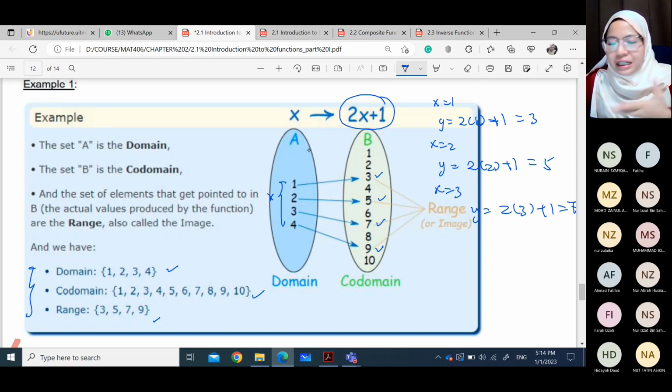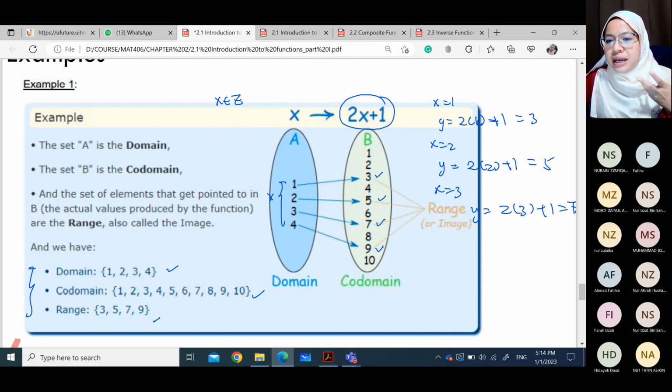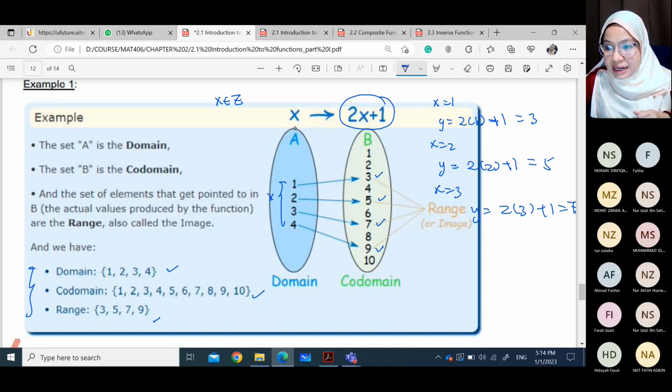Kalau tak diberikan, you boleh cari. Katakan X adalah nilai-nilai integer. So maksudnya X adalah nombor-nombor integer yang kita ada. Okay, nombor-nombor integer daripada negative infinity until to positive infinity. So you can choose any number of integer in X.